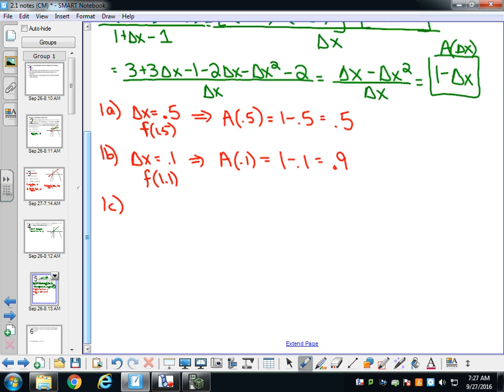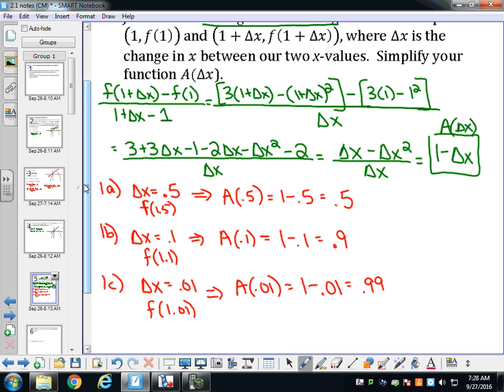And then also, if I chose 1c, that was 0.01, because I want to find f of 1.01. Same thing's going to happen, a of 0.01, 1 minus 0.01, which is 0.99. So this is another way that I can find the slope for any of the secant lines as I approach that specific x value, which in this case was a value of 1.